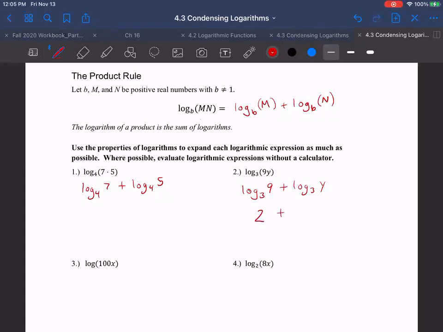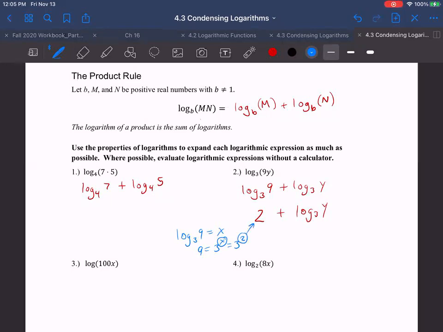So that becomes 2 plus log base 3 of y. How I solved this was, what if I had log base 3 of 9 equals x? Well, it would be 9 equals 3 to the x. I'm just trying to figure out what that exponent would be, and it would be 2. So that 2 is what went right there.